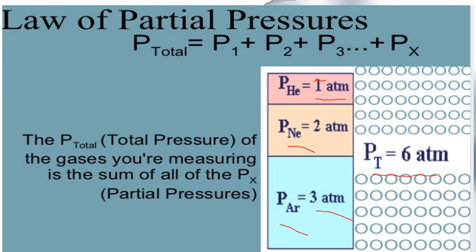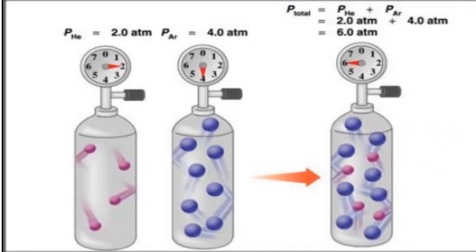Each is the individual pressure of a gas, so they are taken as partial pressures. When we sum them up, the total pressure in this container is 6 atmospheres. This is what the law says. Now here you can see there are two containers.